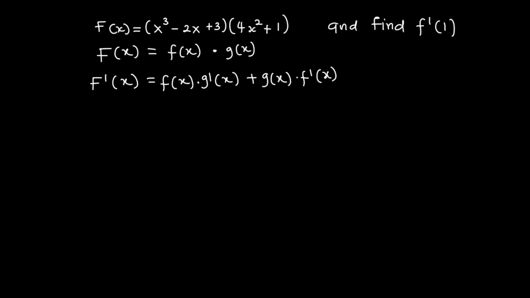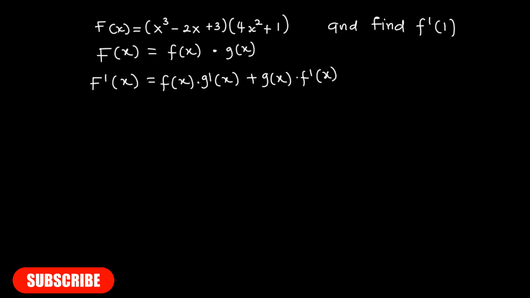This is what the product rule says we should do when we have a function which is a product of two sub functions, as in this case. Now that we understand this, let's go ahead and solve this question.